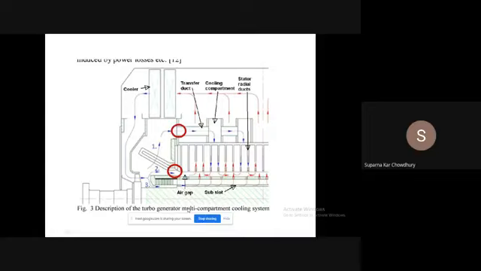So normally the cooling air, before entering the cooling system, is thoroughly cleaned with a water spray. The advantage is that it also lowers the temperature of the inlet air, and that increases the efficiency of the cooling system.